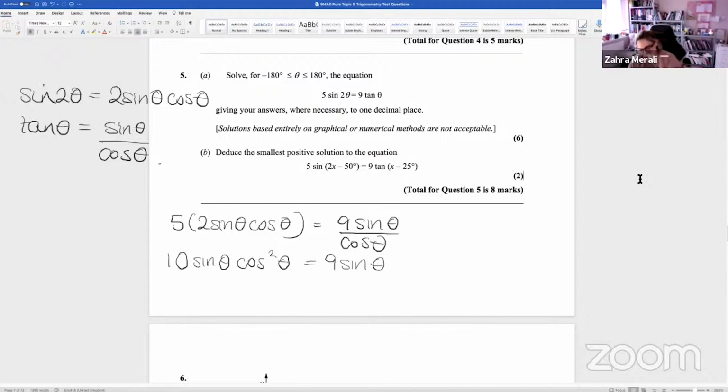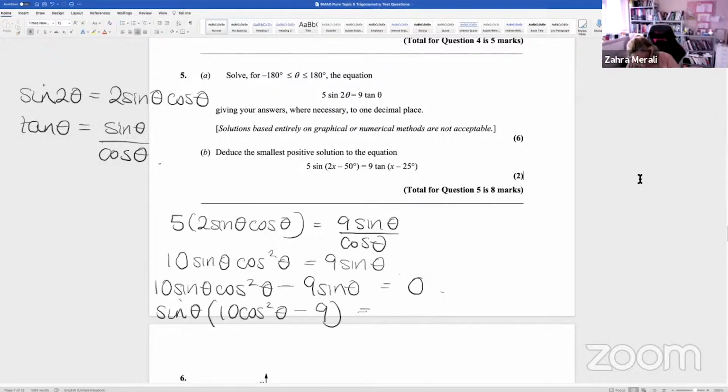So what you're going to do is move everything onto one side, and that's going to give you 10 sine theta cos squared theta minus 9 sine theta equals 0. You can take sine theta outside a bracket, leaving you with 10 cos squared theta minus 9 equals 0.